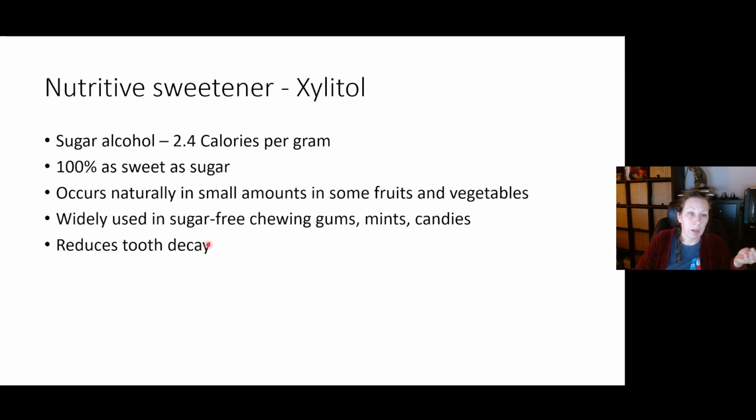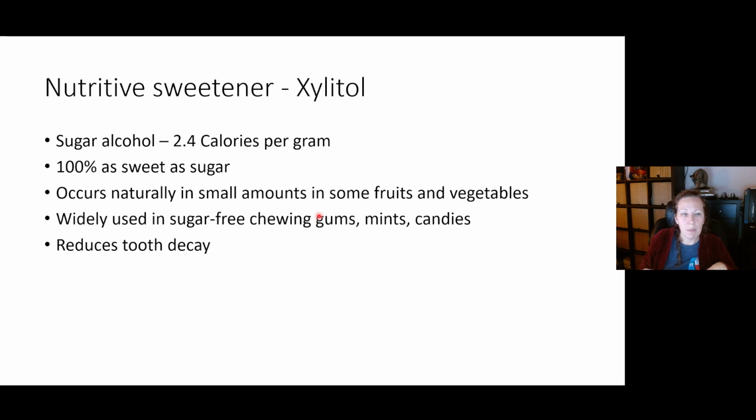The nice thing about it being used in sugar-free chewing gum is xylitol can reduce tooth decay. Not only can it play a nice role in the fact that you have the sweetness, but the bacteria that normally would consume sugar and produce acid cannot process the xylitol.